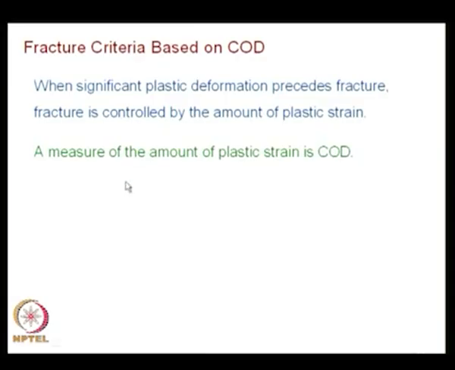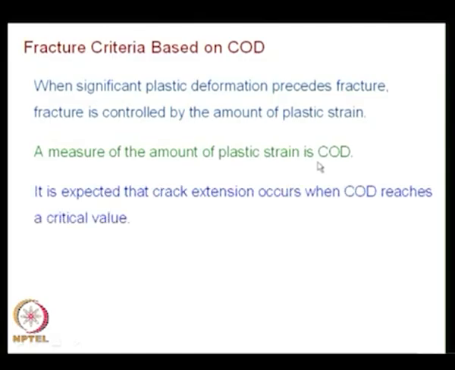And what is mentioned is a measure of the amount of plastic strain is nothing but COD, it is actually CTOD, because we have looked at crack could be made to have a longer length because of the plastic deformation, and the original physical crack would have a displacement because of that, and that is actually CTOD.